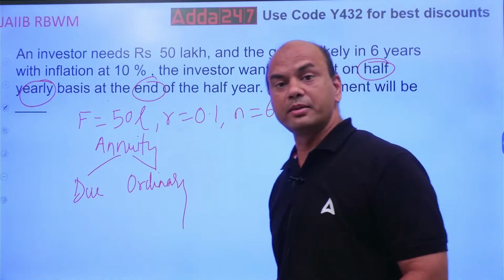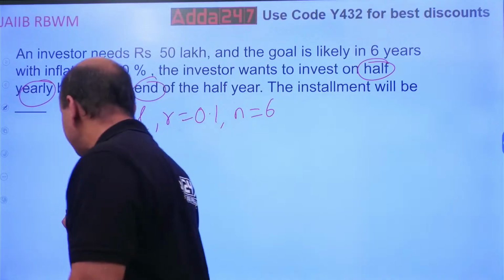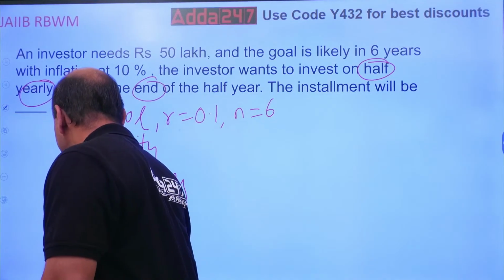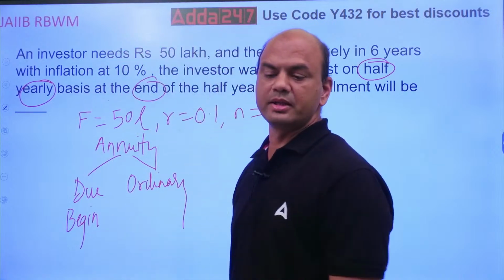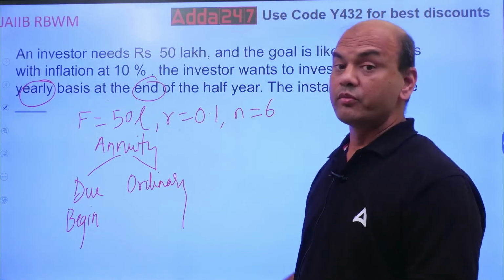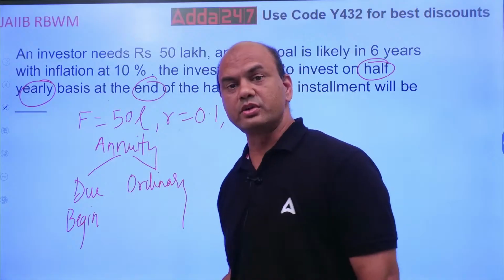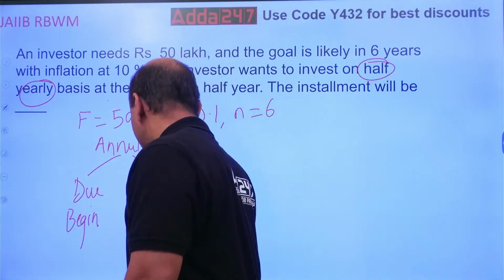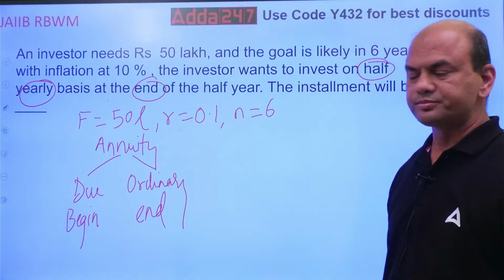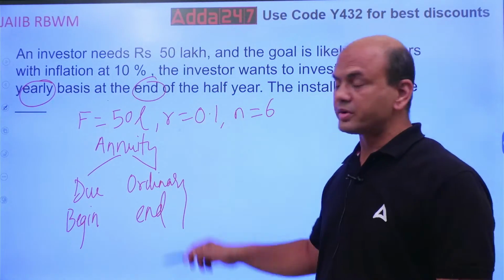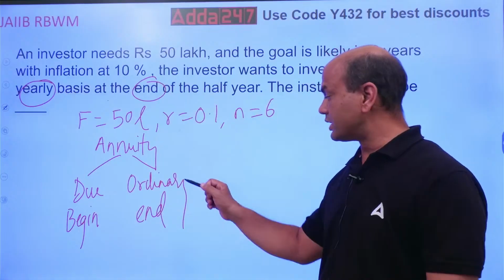Due means what? At the beginning. Whenever I invest at the beginning, like your RD, it's called due. Whenever I invest at the end, it's called ordinary. So this is how you will be doing it. Ordinary is at the end.